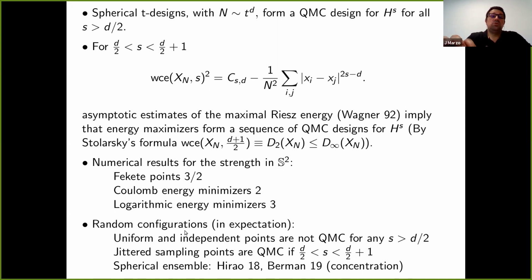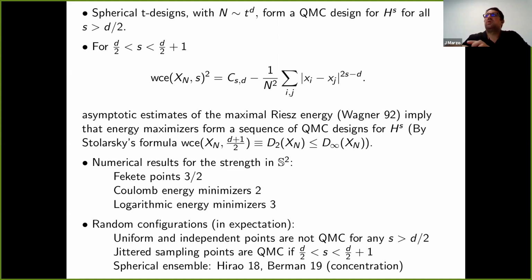And using this, they were able to prove again that, for example, uniform and independent points are not as good. This can be shown with this, because if you try to use uniform and independent points, these are not QMC for any S. These are really far from being good points in terms of integration. Well, points which behave much better are these jittered sampling points.